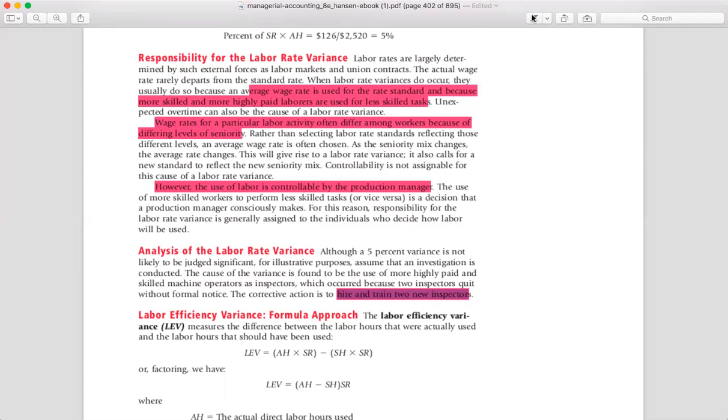And the next one is the labor efficiency variance. Right. So we can say that it's the labor efficiency variance, LEV. Okay, so what is being measured here? The difference between the labor hours that were actually used and the labor hours that should have been used.